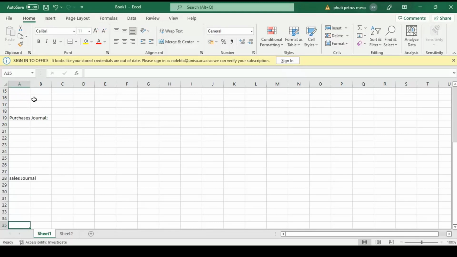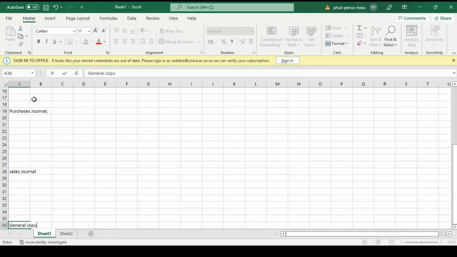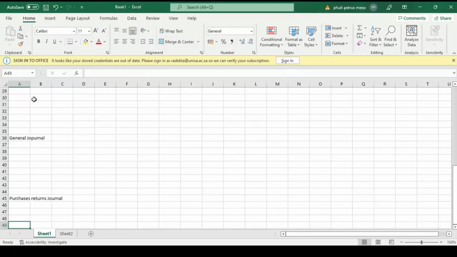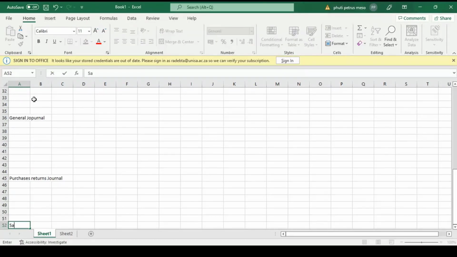Let's see if we got the fourth one, the general journal. And we're going to have the purchases for payments journal. Going to have the sales for journal.